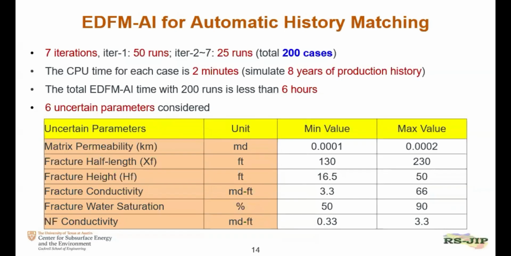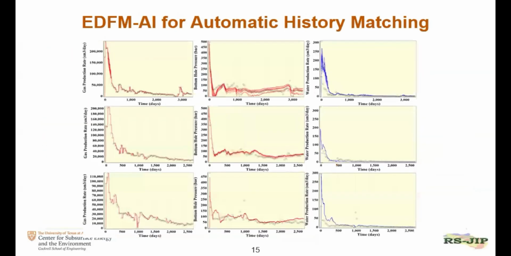With 8 years of production history, each case we are able to finish in just 2 minutes. And the entire calibration time for all these 200 cases is only about 6 hours. And we consider key parameters such as the permeability, the half length, and also the effective height, and also some other uncertainties.